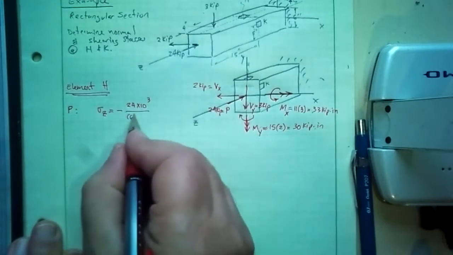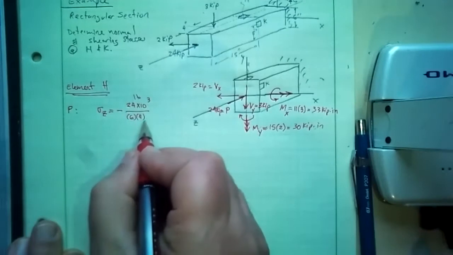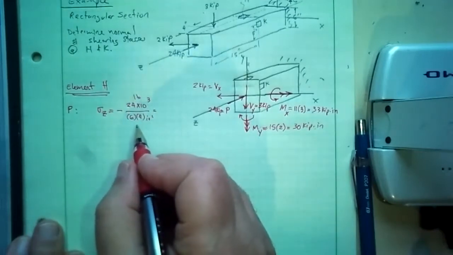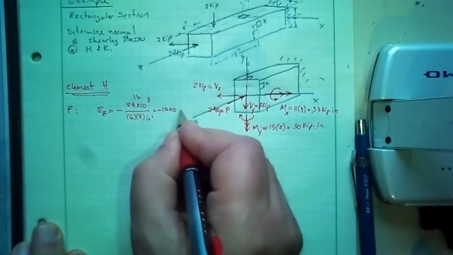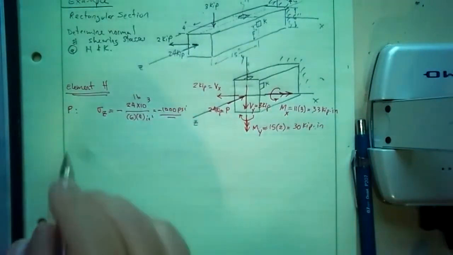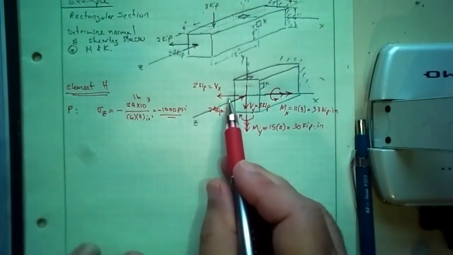Well, it's a 6 by 4. So that's pounds. This is inches squared. So what is 24,000 divided by 24? Well, it'll be 1,000, right? This is a minus 1,000 pounds per square inch. So that's what P does. How about Vx?